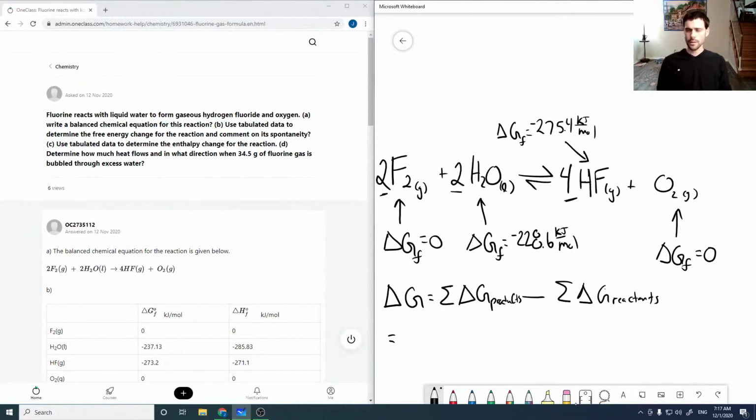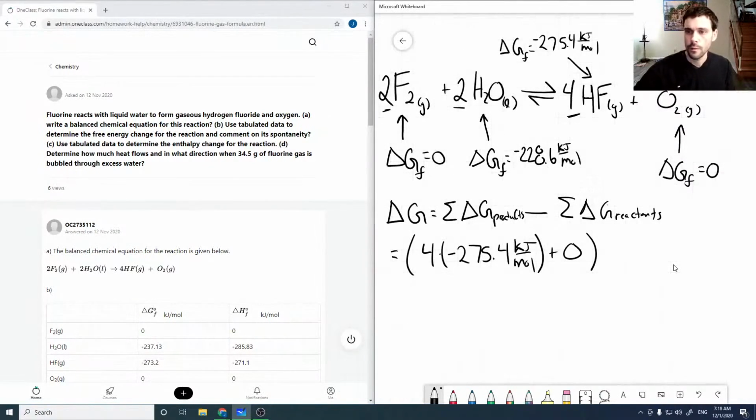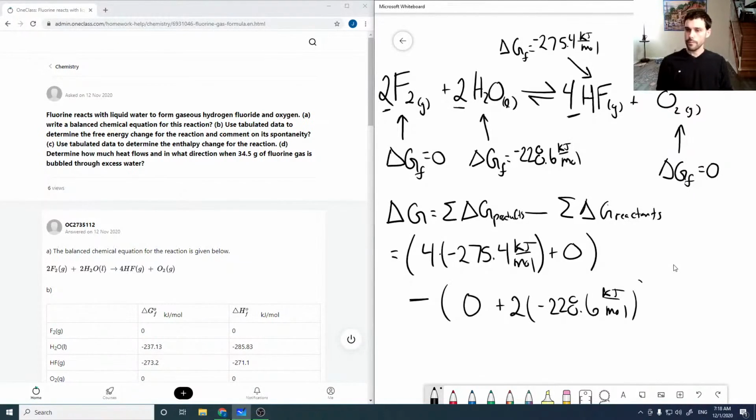So in this case, for our products, we have 4 times negative 275.4 kilojoules per mole, plus 0 for oxygen. And then minus our reactant side, where we have 0 for fluorine and 2 times minus 228.6 kilojoules per mole for water.